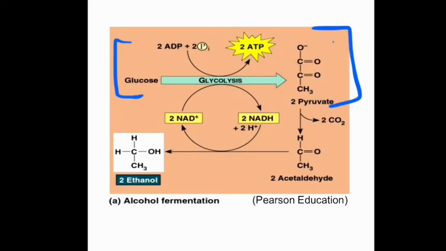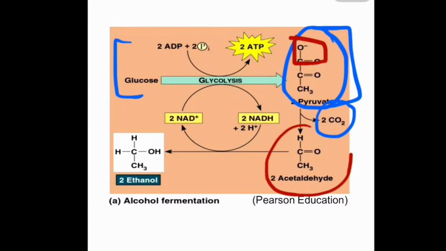So pyruvate yang terhasil ni dia akan undergo decarbonylation untuk pembuangan CO2. Dua pyruvate, kan, so dua CO2. So bila dah buang CO2 yang dia buang tu akan terhasilnya dua acetaldehyde. Then dua acetaldehyde ni lah yang akan di-reduce untuk menghasilkan dua ethanol.